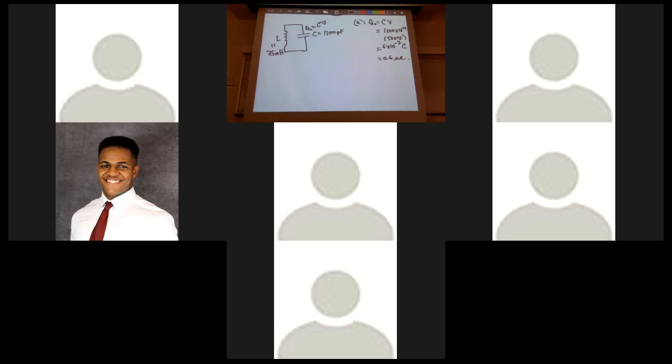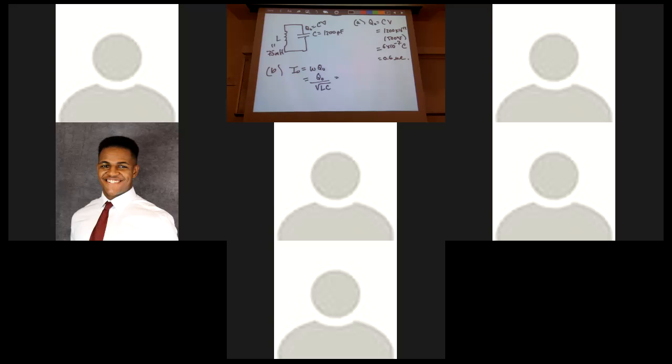Part B then says, what is the maximum amount of current? The maximum current is when I have I0, which we define as equal to omega times Q0, which is Q0 divided by the square root of LC. This is the maximum current, which is when that sine is equal to 1.